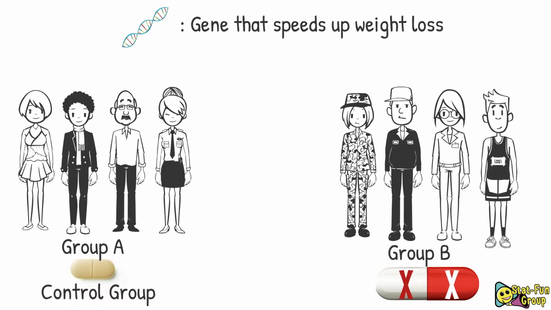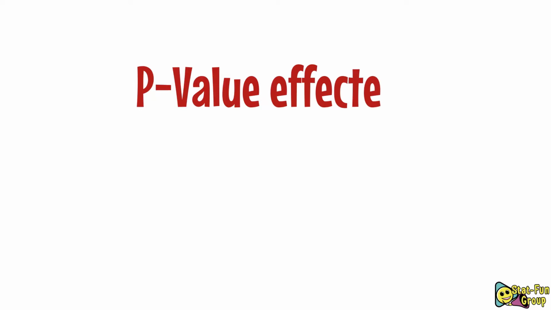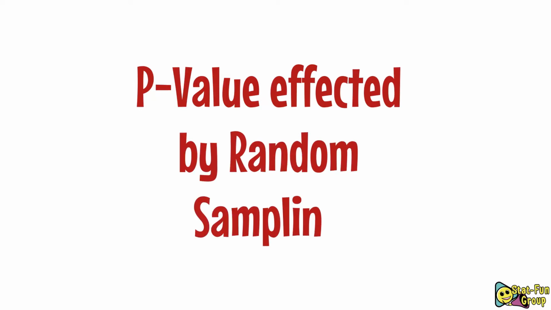So there is no way of knowing who was a carrier of this gene or not. So imagine a situation where just by pure coincidence, more volunteers with the high metabolism gene are placed in Group B compared with Group A. So you can see that this scenario favors Group B. Ultimately, you can see that just by pure coincidence of random sampling, this can have a knock-on effect on the p-value.